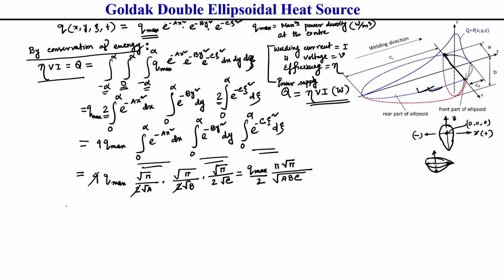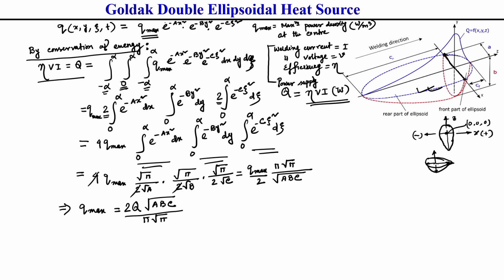So, from here you can easily find out the value of this q max. So, q max you can write as eta v I, that is q, into 2 square root of a b c divided by pi root pi. This you should keep in mind.